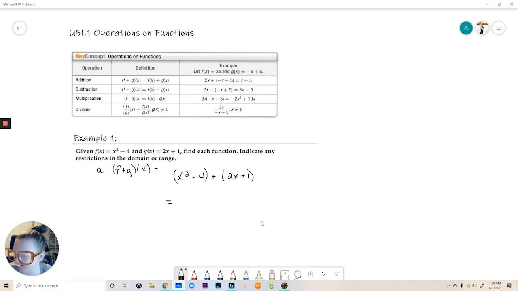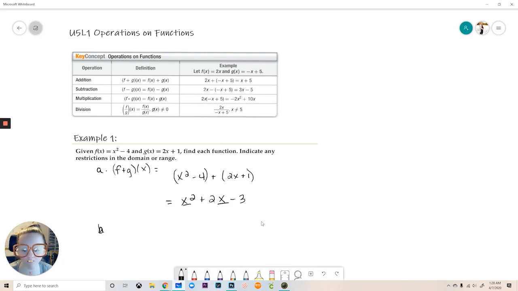We've got x squared plus 2x minus 3. From here, that's about all we can do. There are no restrictions on the domain or the range because we are capable of plugging any value in for x. There are no restrictions, which means the range also has no restrictions.